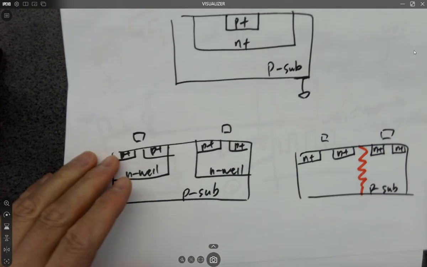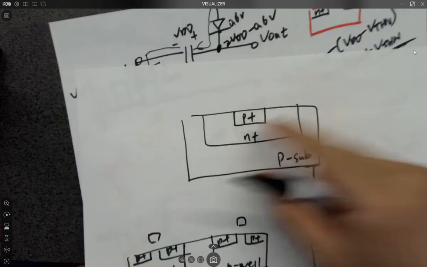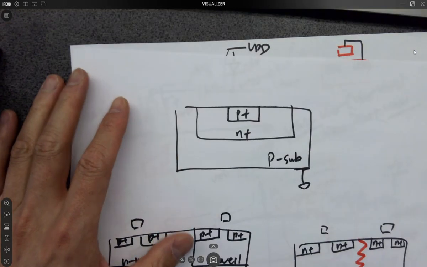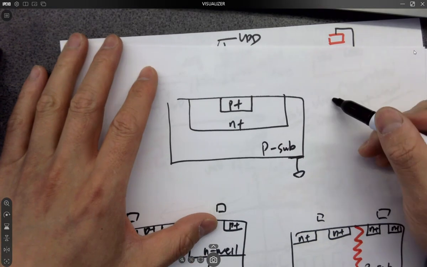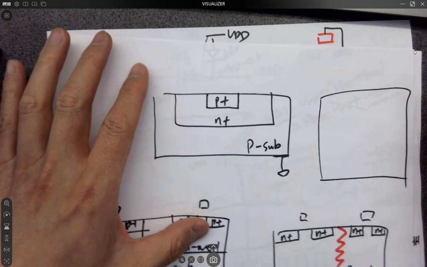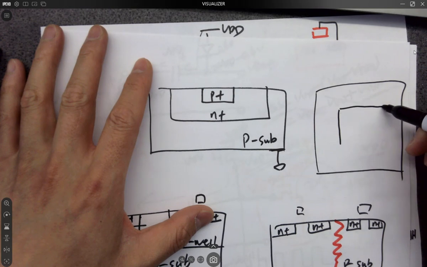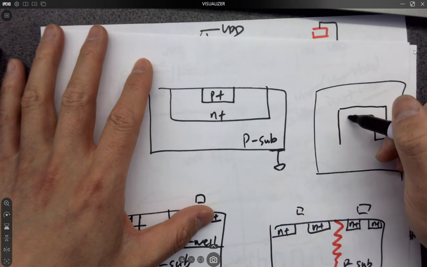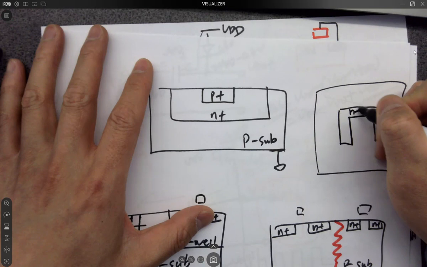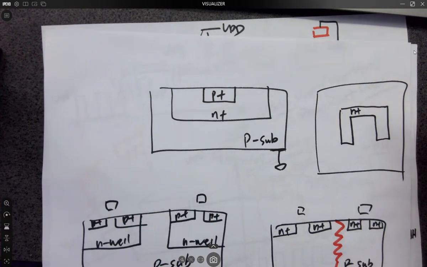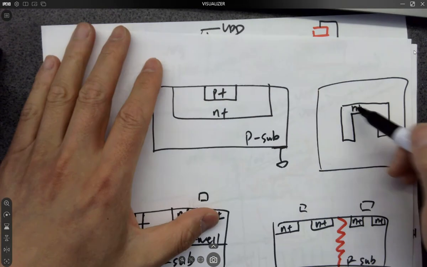All right. So now let's look at this one. For the top view, if you're doing a layout in Electric VLSI from the top, you make an N material like this, N plus, and place the P. Wait, let me see. No, this should be N well.